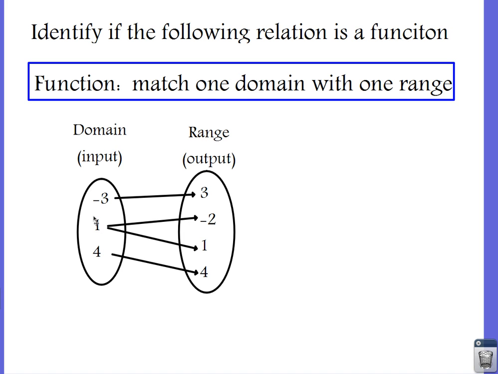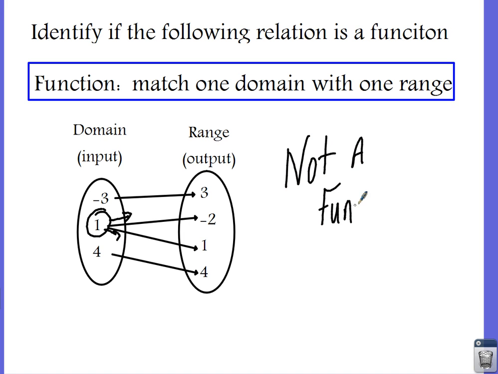If you look at the 1 here, the problem is this 1 goes to a -2 and it also matches up with a 1. So in this case, because this one is going to 2 places, this is not a function, because it can only go one domain with one range.